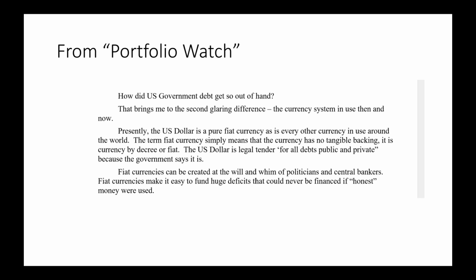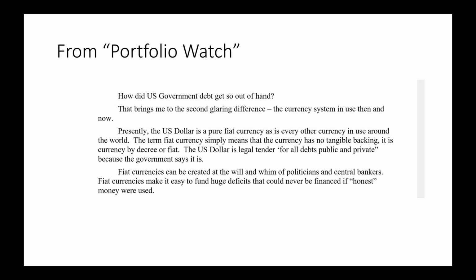And the question, of course, that comes to mind, anybody thinking about this stuff logically, is, how did US government debt get so out of hand? And this question kind of answers itself when you look at the second glaring difference between 1929 and the present, and that is the currency system that is in use now versus then.